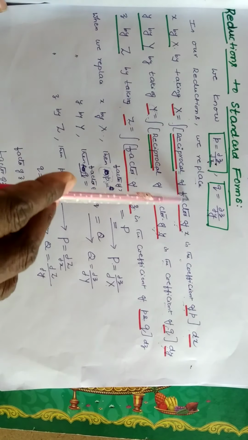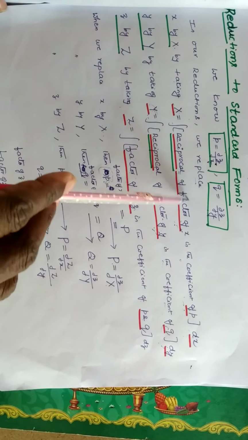If we replace small z by capital Z, we take capital Z equal to factor of z in the quotient of p and q. Here, what is the difference between the 3 considerations x, y, z? In case of x and y, we consider the reciprocal of the factor. In case of z, we consider only the factor of z.